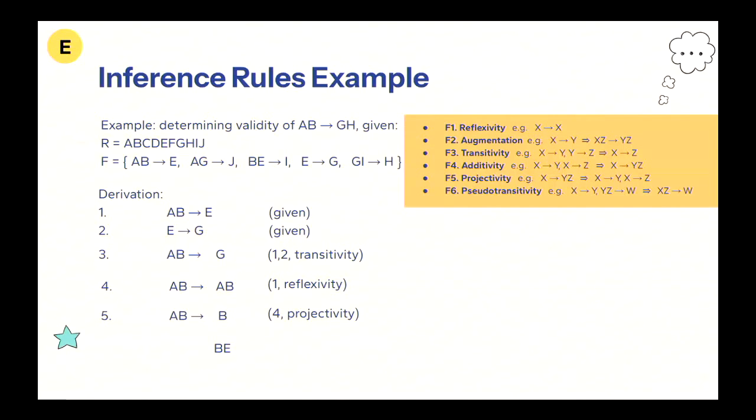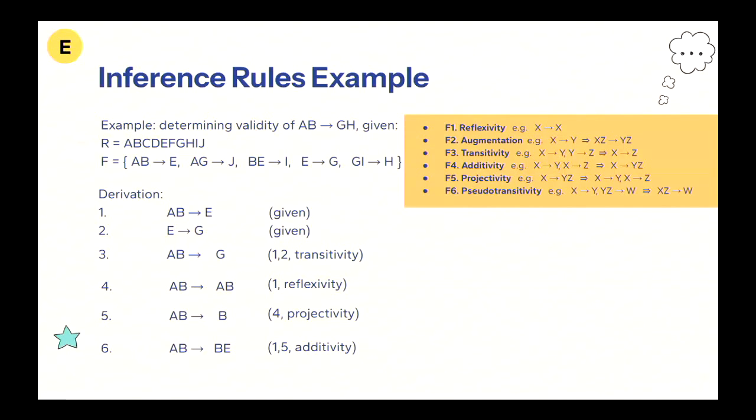So we can have AB can determine A as well. So let's just keep the second one here. And I messed up with this again, but this is supposed to be the answer here. So AB can also determine BE if we use additivity.